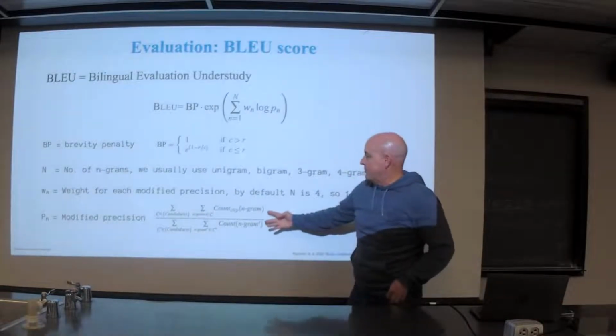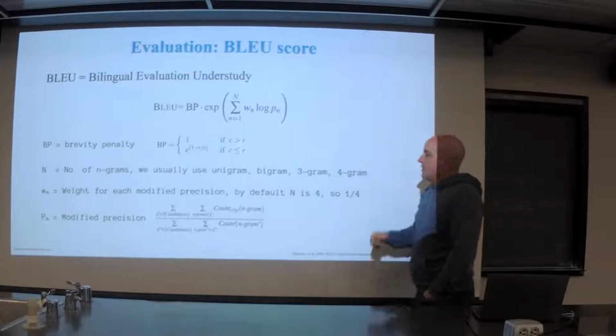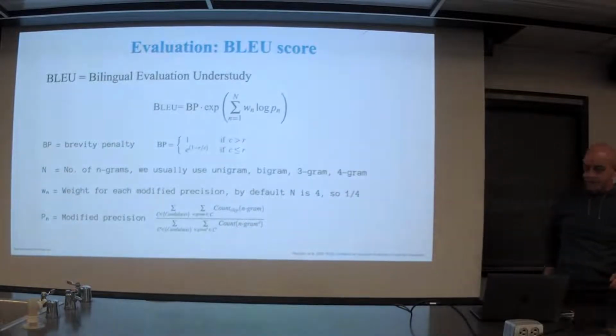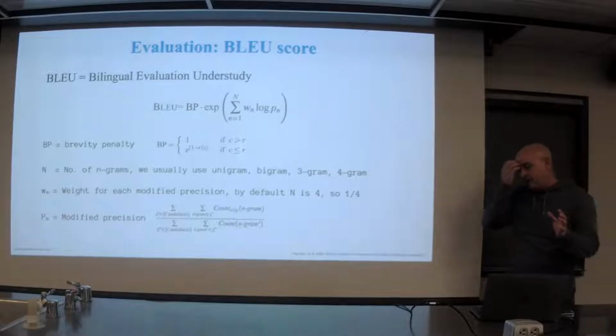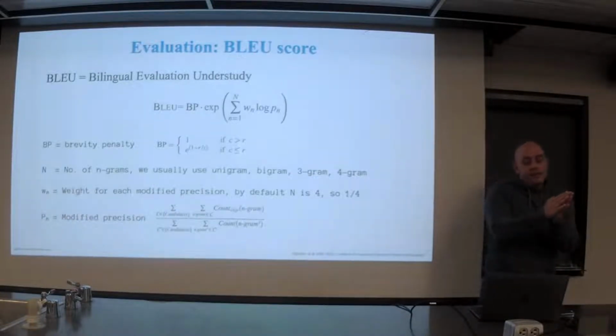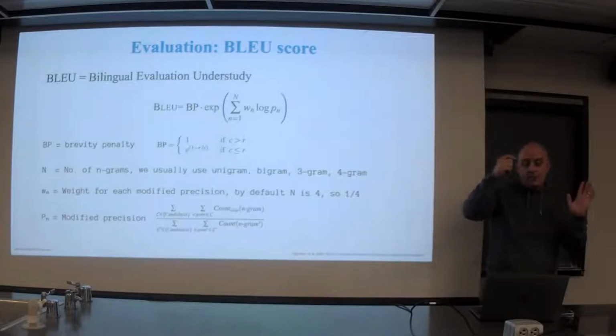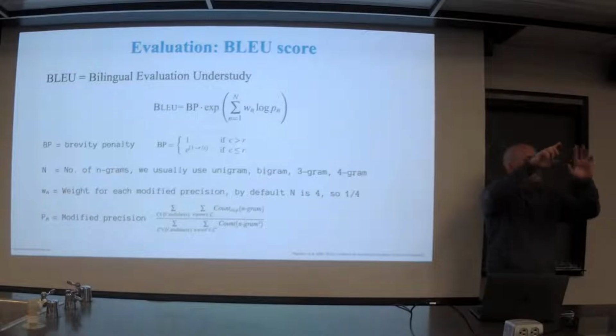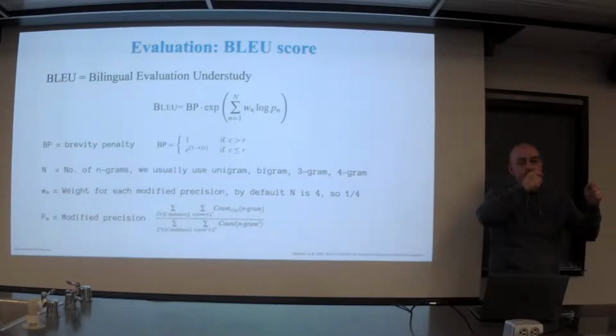You're looking at this thing that's called a modified precision. The way that this happens is it looks into what are called n-grams, and n-grams are pretty simple. n is some number: 1, 2, 3, 4. They're just subsequences of the words or the tokens in your sequence.